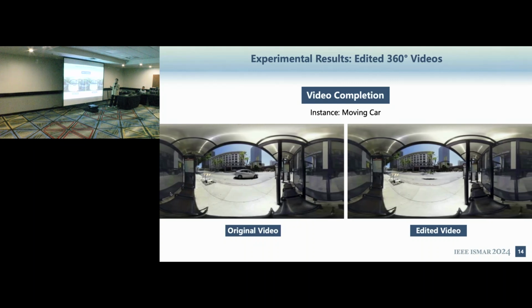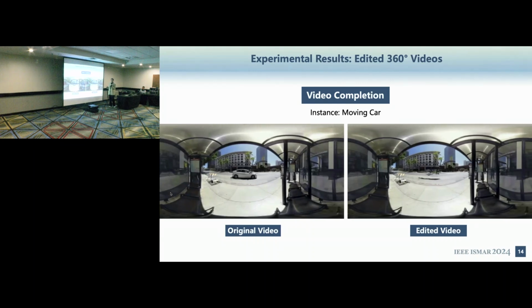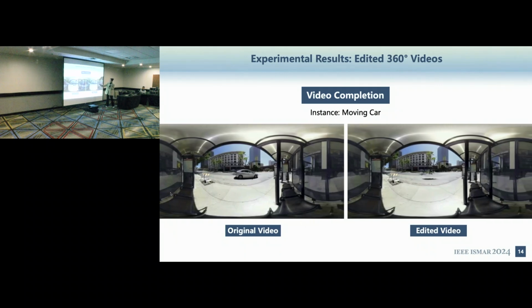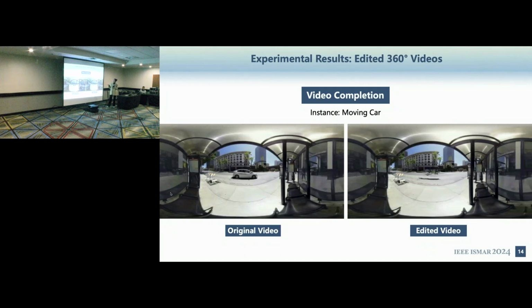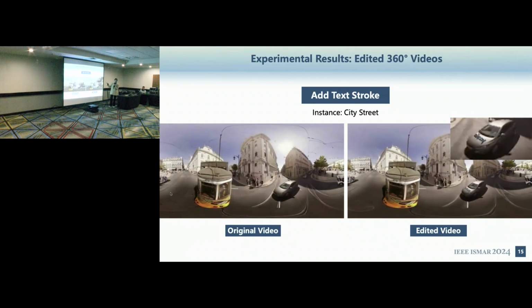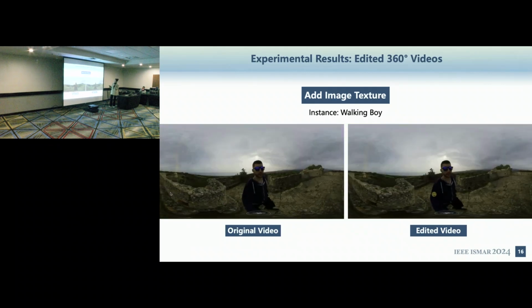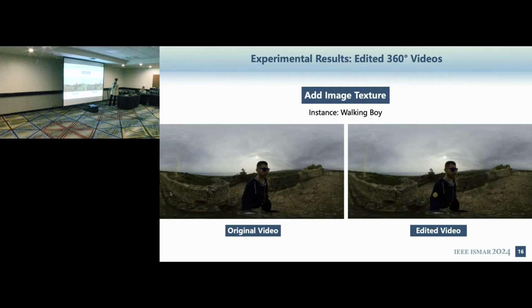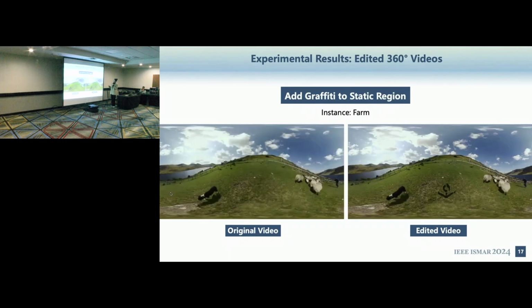In addition to reconstruction, we also give some examples of video editing. Like this, removing the car on this road, and adding a stroke like the OK on this moving car. Adding an image texture like the smile emoji on this walking guy.